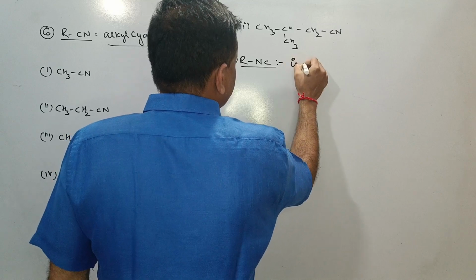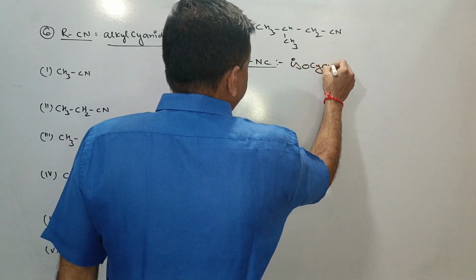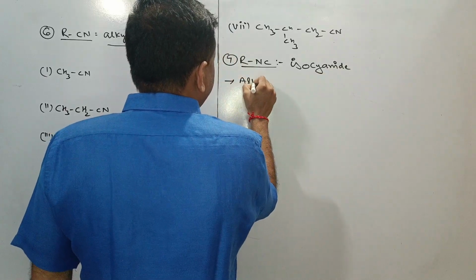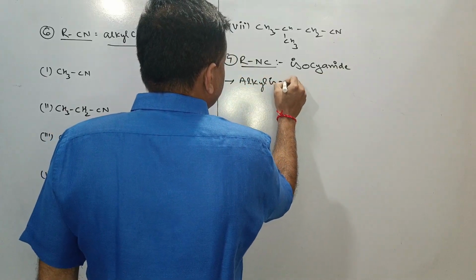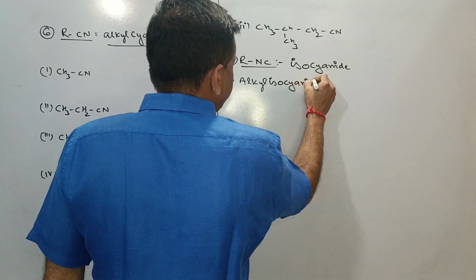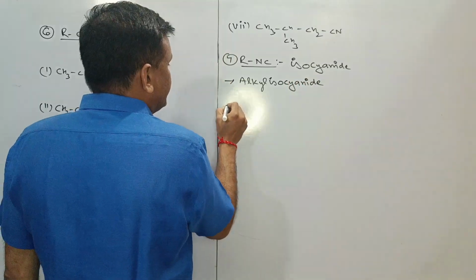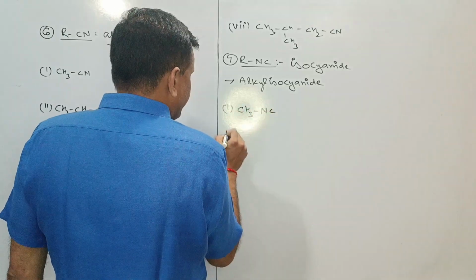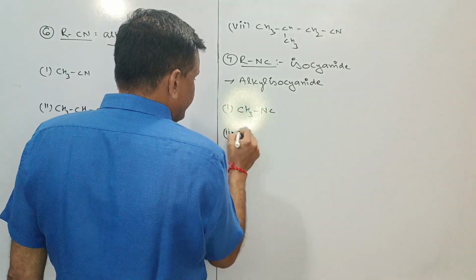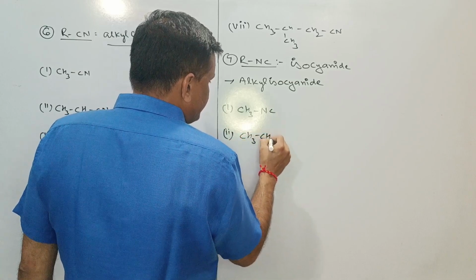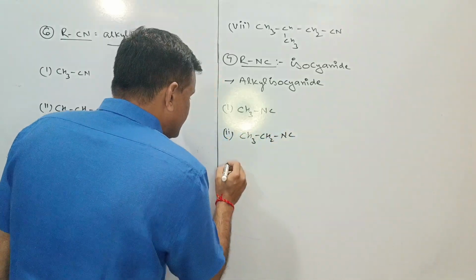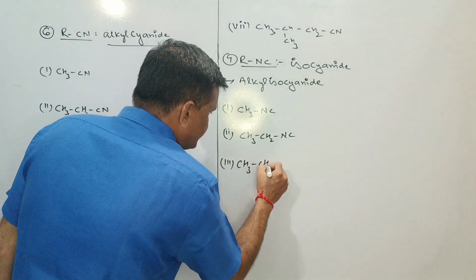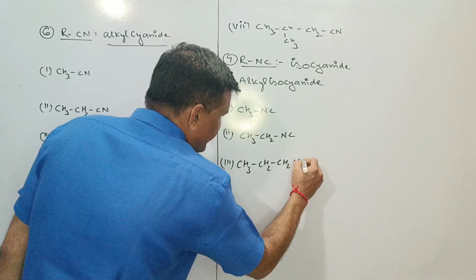This is the isocyanide. If we go with this system, then these are known as alkyl isocyanide. Regarding this, we can take the first example, CH3NC. This is the second example, CH3CH2NC. This is the third example, CH3CH2CH2NC.